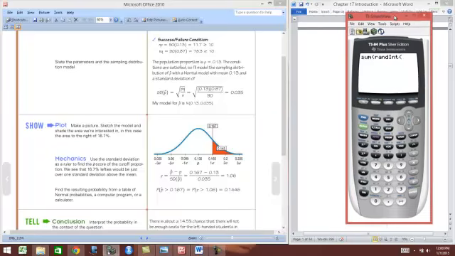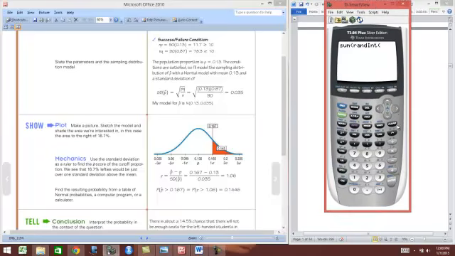Normal CDF. Let me clear this. So, second VARS, good old normalcdf, number 2. I'm going to put in 1.06, comma 99, close parenthesis. And there's my 14.46%.